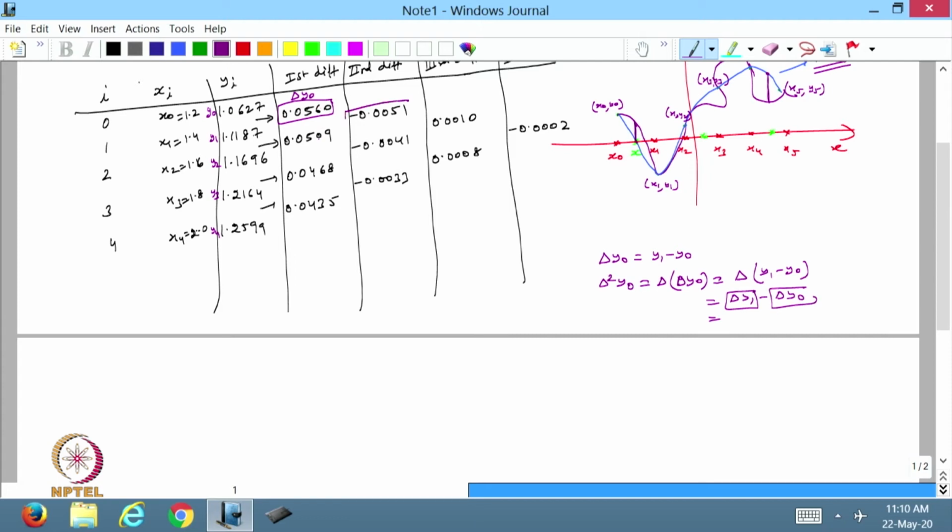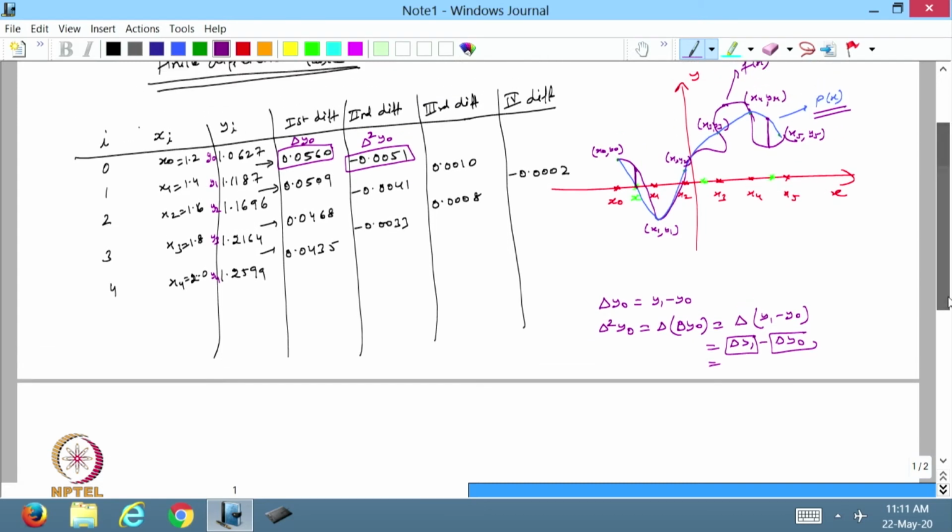So, from here you can see that this is the second order forward finite difference operator, and in a similar way this value is del cube y0, and this is del 4 y0. So, the values on the top are giving me the first forward difference, second forward difference, third forward difference and the fourth forward difference.